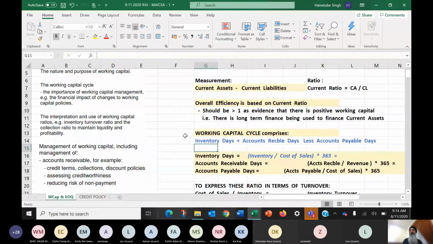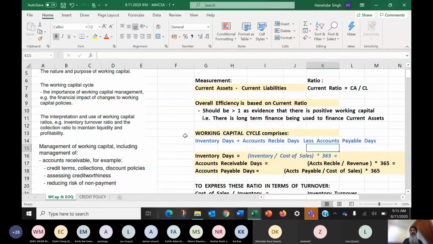On average, how long is our money tied down with our debtors, accounts receivable, minus on average, how long is our creditors' money working for us in our business? So that's the working capital cycle. Some books call it net working capital cycle, but normally when we just say working capital cycle, we know it's already net of the creditors' benefit.